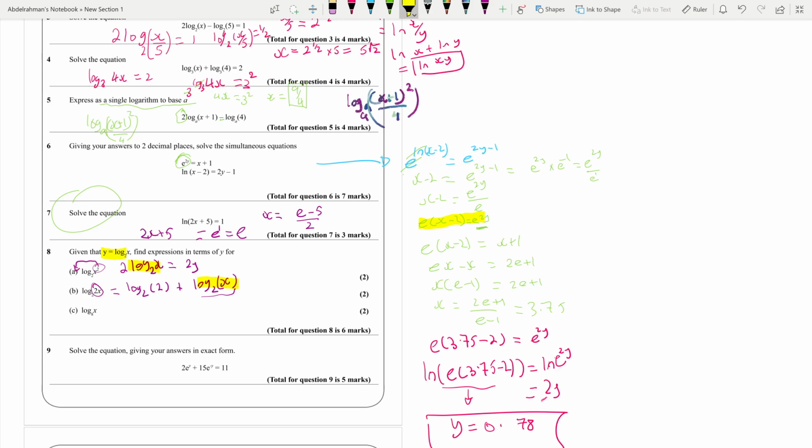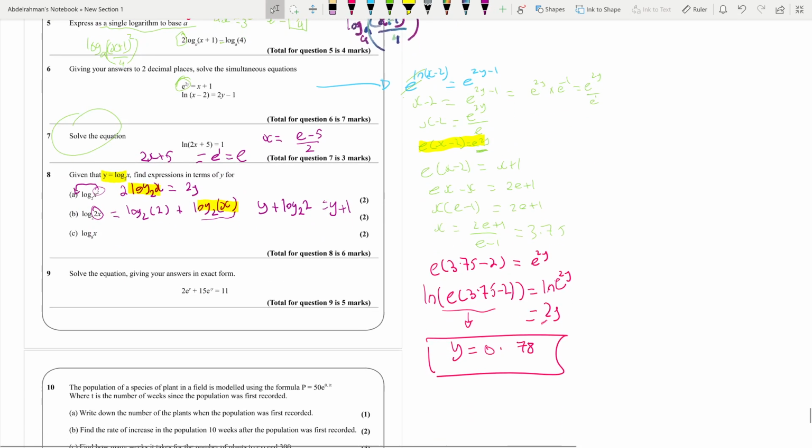This part is y, so it is y plus log base 2 of 2, which should be 1, so equal to y plus 1. So let's find the expression in terms of y.